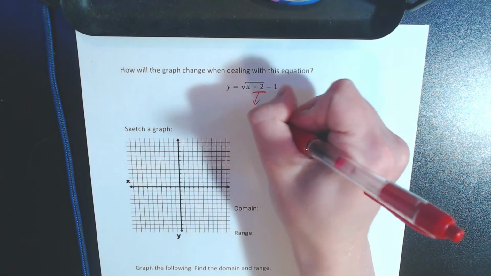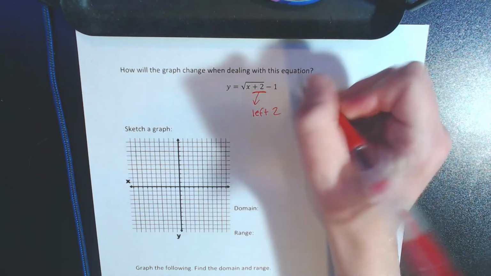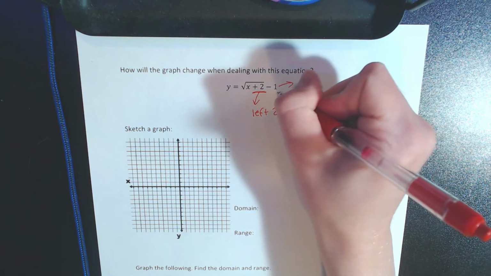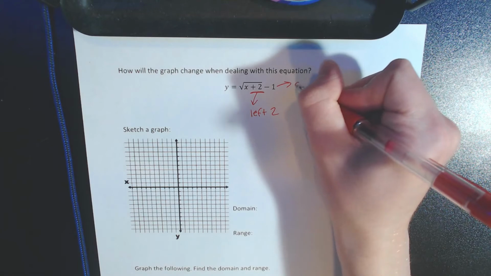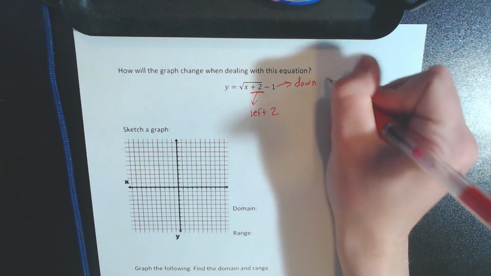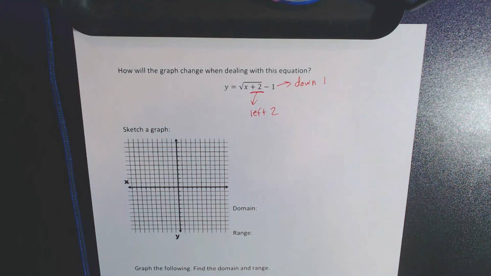That's going to move us left 2. And then this 1 on the outside, what is that going to do to the graph? That's going to move us down 1. So we're going to take our regular square root graph and just do left 2 and down 1. And that's going to be our new graph.